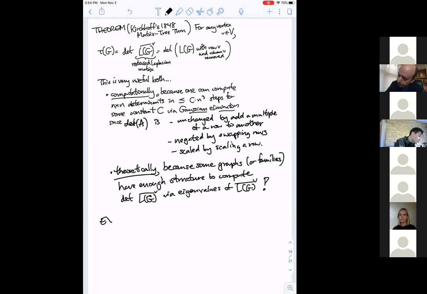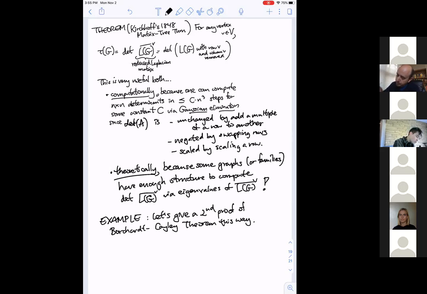So, example: let's give a second proof of the Cayley-Borchert theorem. I don't know why it is that I can't say Borchert-Cayley. I'm so used to calling it Cayley's theorem that I have trouble putting Borchert's name first. Okay, so remember what this said.